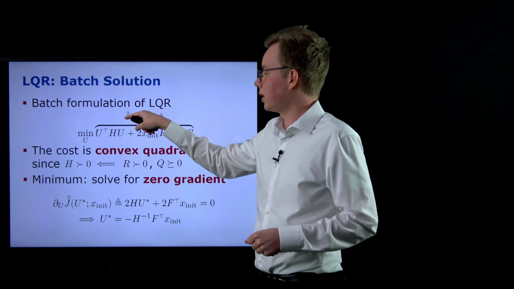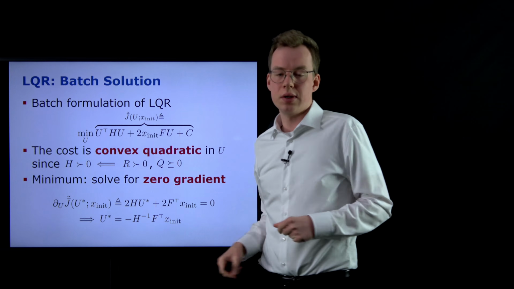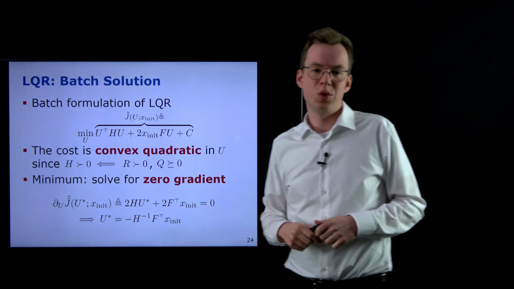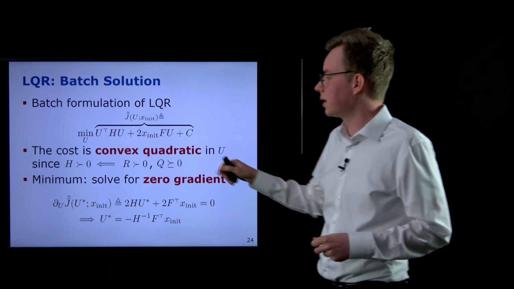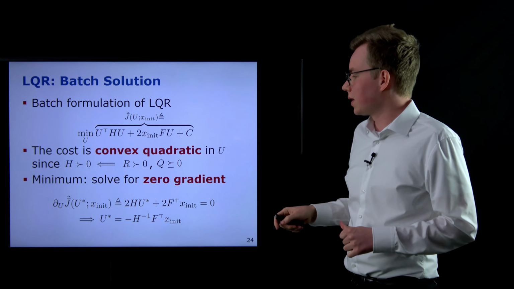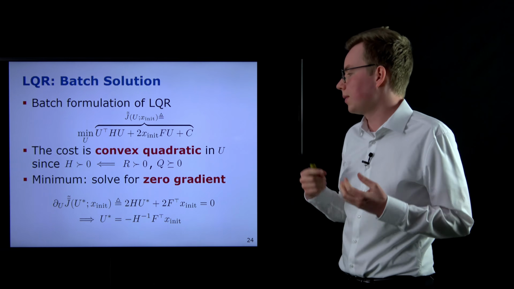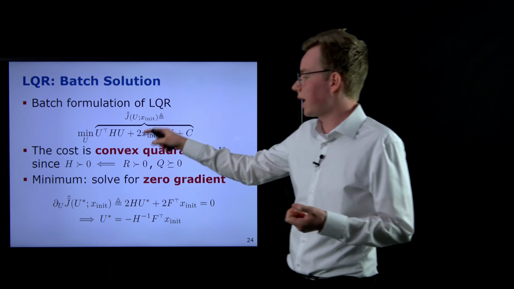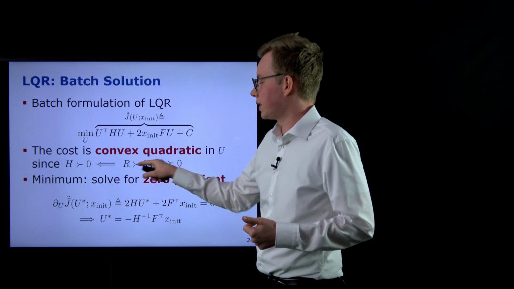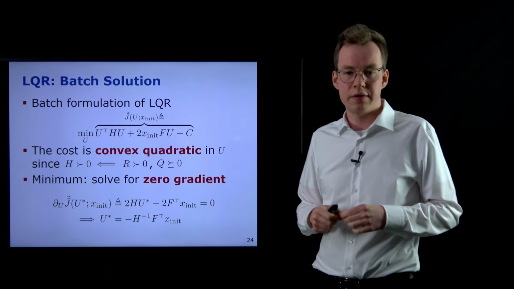So we need to solve over all the inputs U in one go for our J tilde. If we look at this, it is a quadratic expression in U. This is a polynomial where U are vectors, and the highest term showing up is a squared term. We can check that H is convex, because H is positive definite by construction: R we assume to be positive definite and Q we assume to be positive semi-definite.